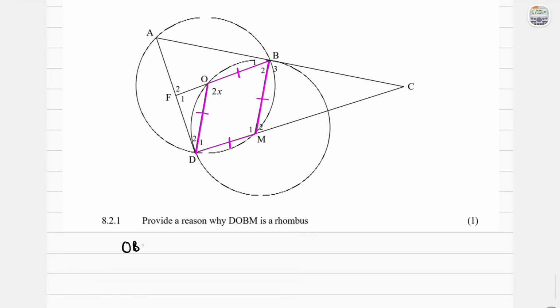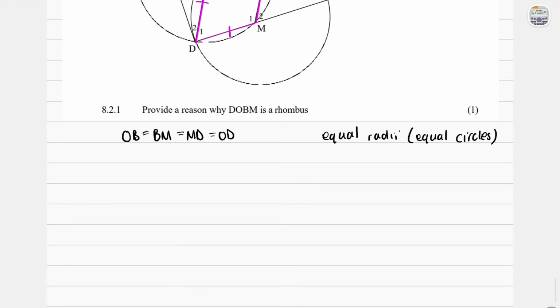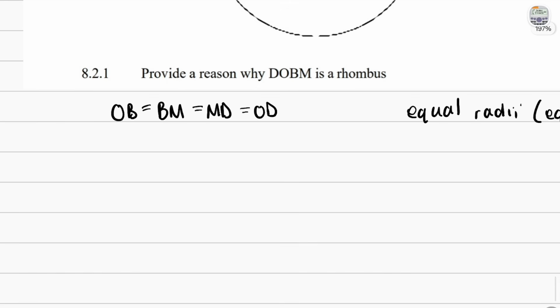We would have had one reason if they said this shape was first a parallelogram and then we had to provide a reason why it's a rhombus. So all the radii are equal, and that concludes that it's a parallelogram.